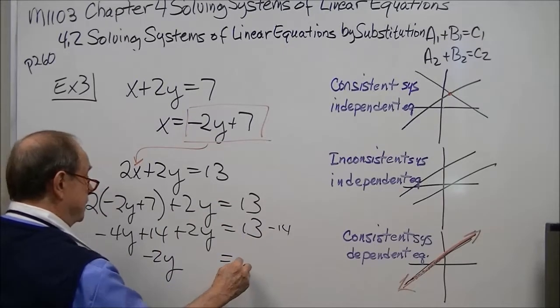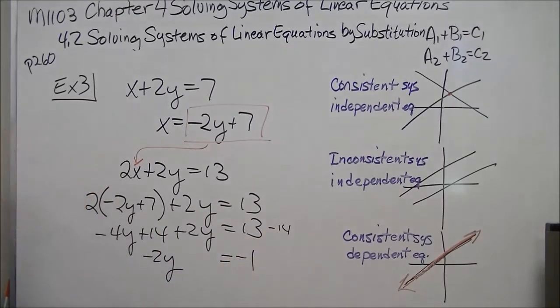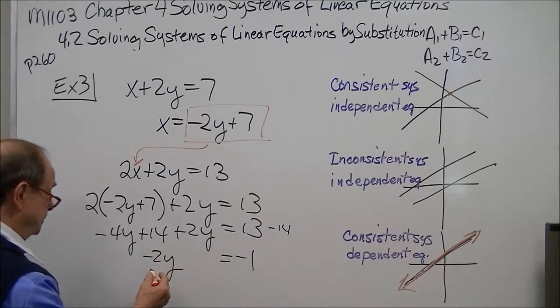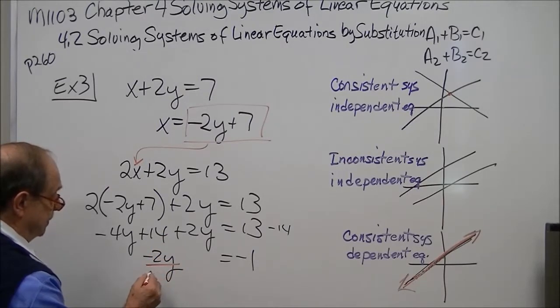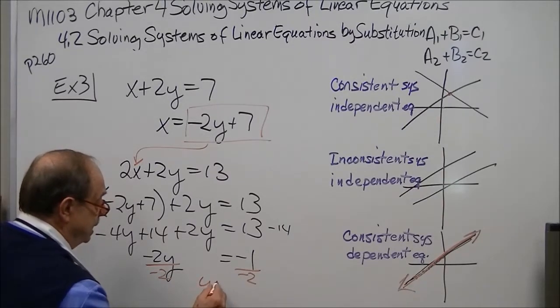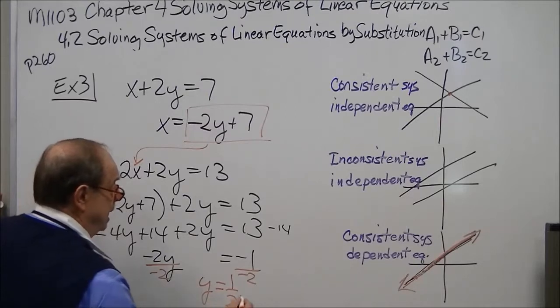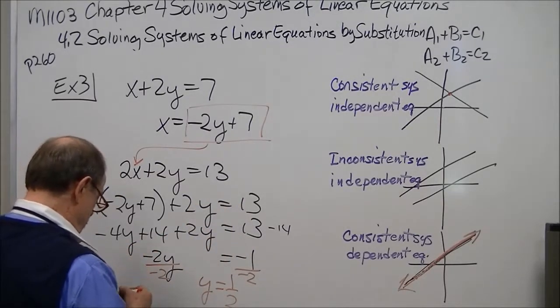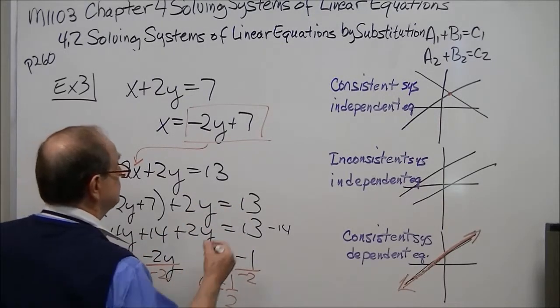And this looks like it's going to be a negative 1. Okay, that's good. Sometimes you can't see the forest for the trees, or the numbers for what's written. And then to solve for it, negative 2, we have y is going to equal 1/2. So we have one of the members.